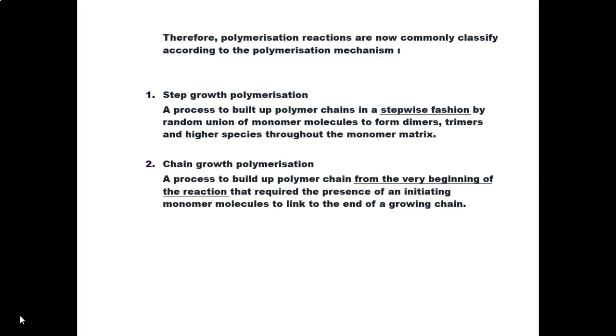So the presence of the reactive species in chain polymerization is crucial, and the reaction mixture contains a range of different size species in step growth compared to chain growth polymerization, which contains only high polymer, monomer, and reactive species.